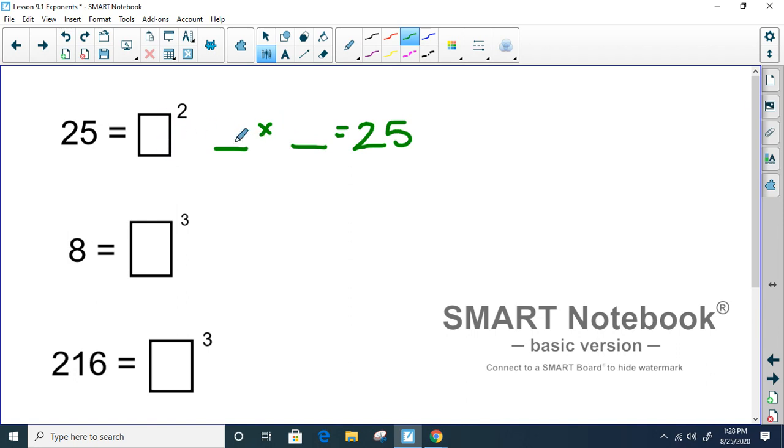So my base, now remember that this number and this number have to be the same number. So I say what times itself is equal to 25. Now I know that that is 5. 5 times 5 equals 25. So that means that my base is 5. Go ahead and pause the video right now and try 8 and 216.